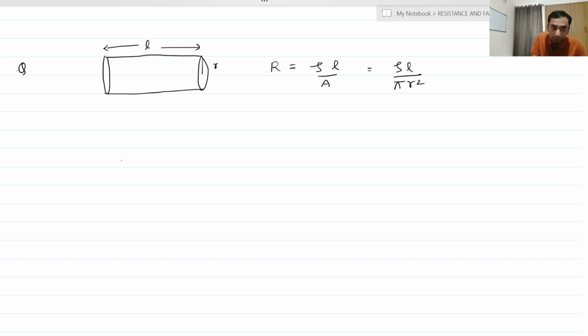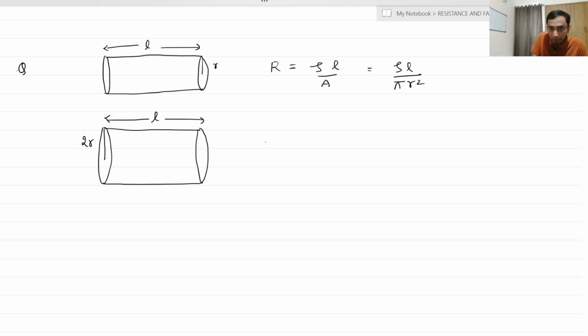Fine. Now, if in the question it is being asked that suppose you double the radius, so the radius now becomes 2r, and the length remains as it is, like this. Then what is the impact on the resistance? So now the resistance R dash will be equal to, since we are not changing the material, rho, then no change in the length, so L, and now here pi times 2r the whole square, because we are doubling the radius.